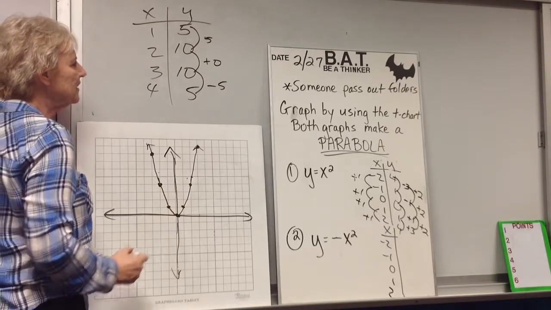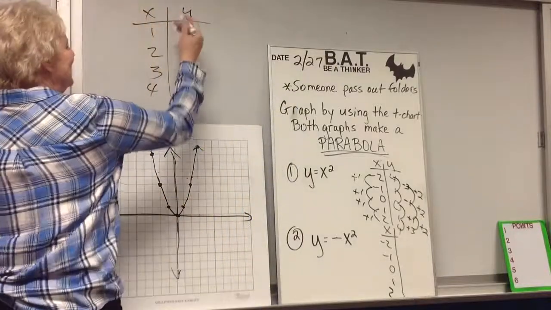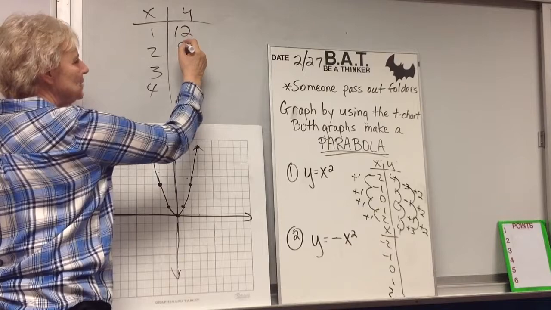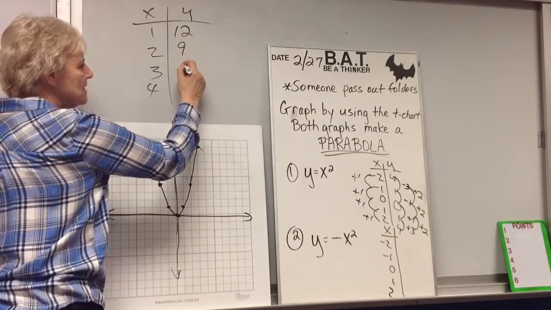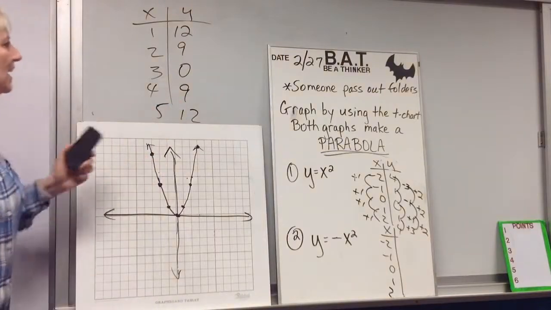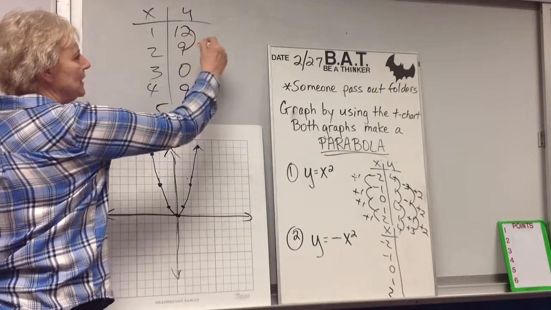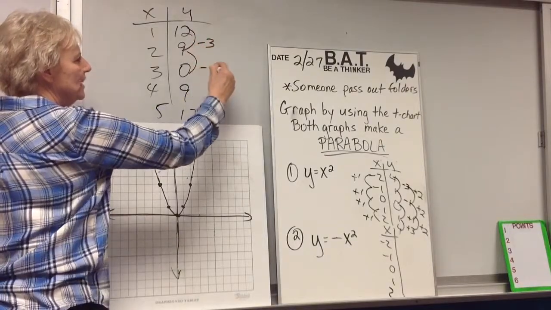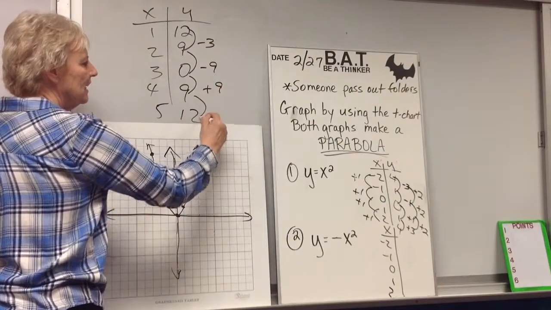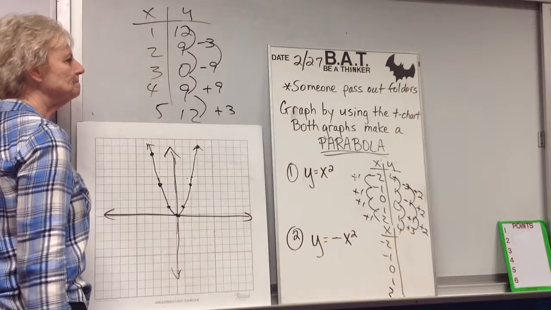Oh, it is quadratic. Another one: 12, 9, 12, 9. Subtract 3, 0, 9, 12. Let's say you have that, and that looks quadratic, doesn't it? Down 3, down 9, up 9, up 3. Now, what's the difference from here to here?